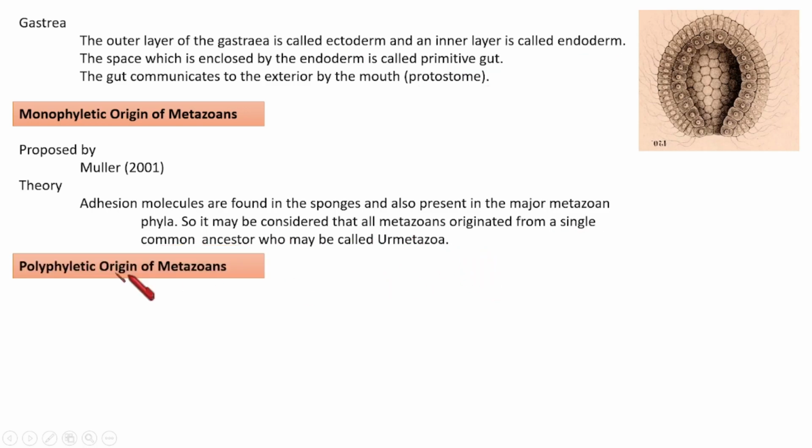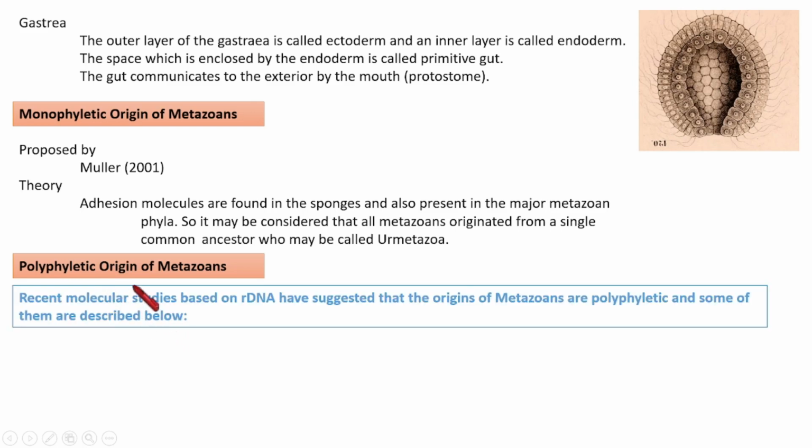Okay. Next theory is polyphyletic. From the name itself we can understand that metazoans have emerged not from a single common ancestor, instead from so many, through an evolution process. How did we come to that conclusion regarding the polyphyletic origin?